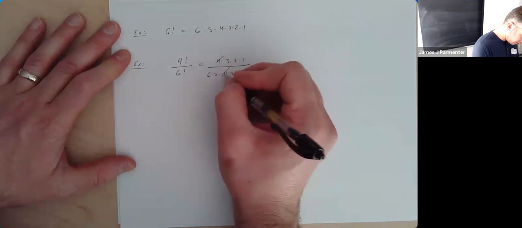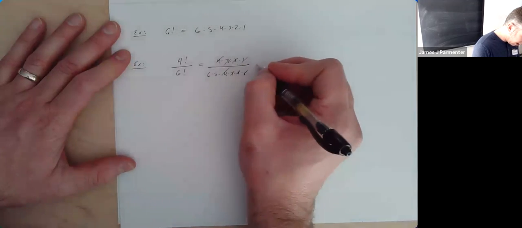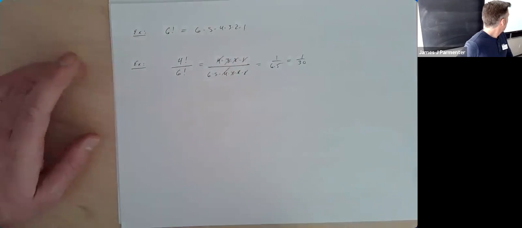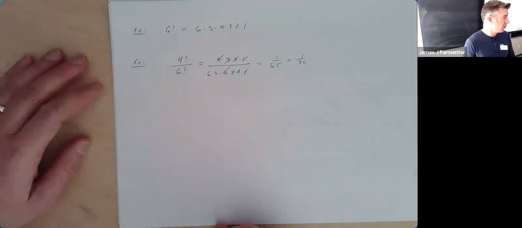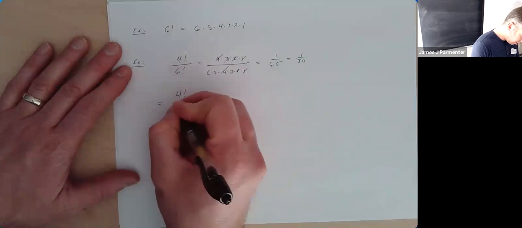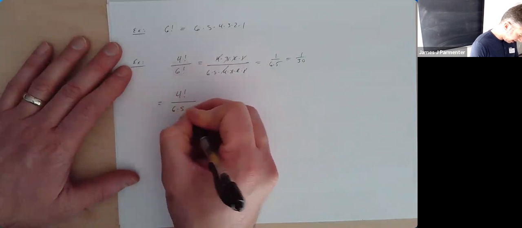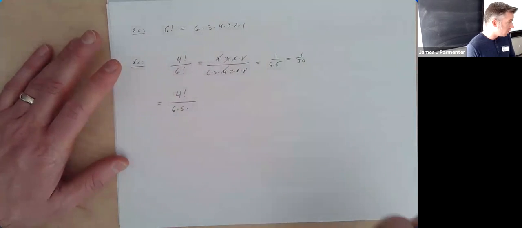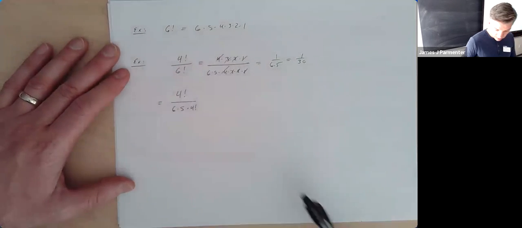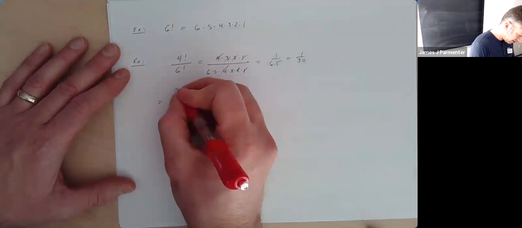And then the 4s, the 3s, the 2s, and the 1s cancel, and you get 1 over 6 times 5, which is 1 over 30. A somewhat faster way is to write it as 4 factorial over 6 times 5 times, and I know the rest after that is also 4 factorial. And then those 4 factorials can cancel because they're the same thing.